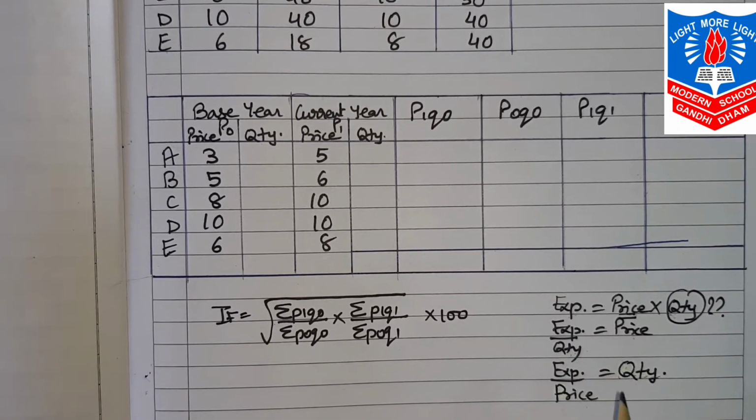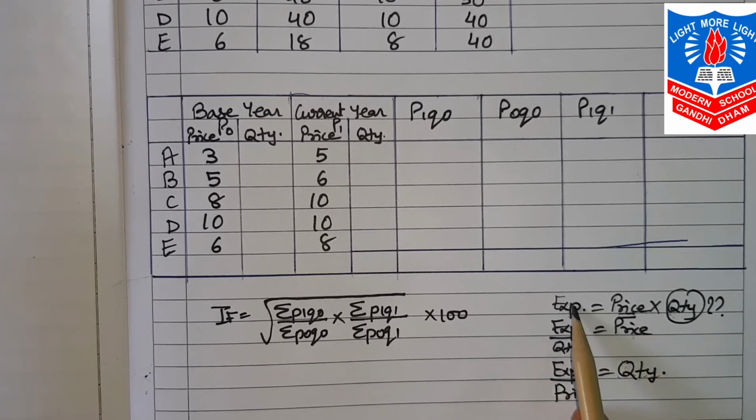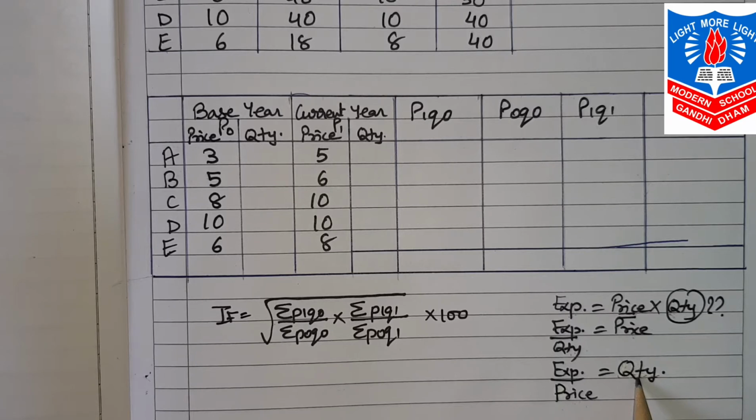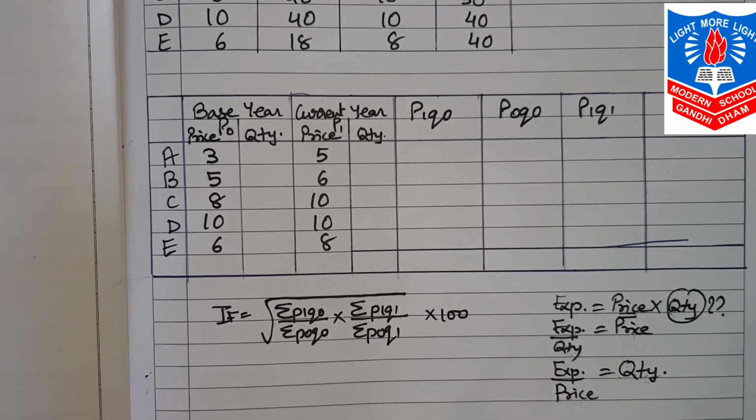Now suppose in the question expenditure and price are given and quantity is missing, then again total expenditure divided by price gives quantity. Like in this sum, quantity is missing, so we divide expenditure by price to get quantity. Now let us start with this sum.